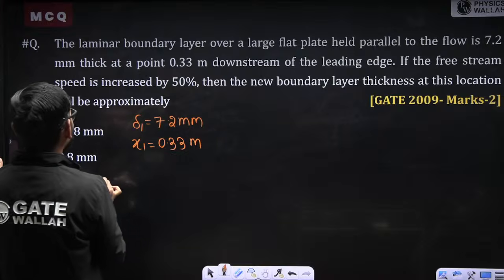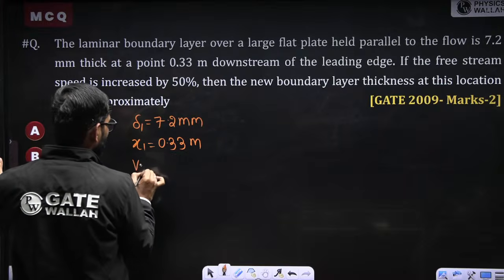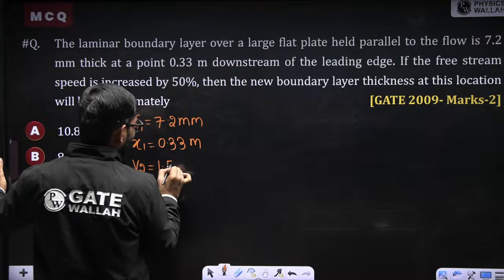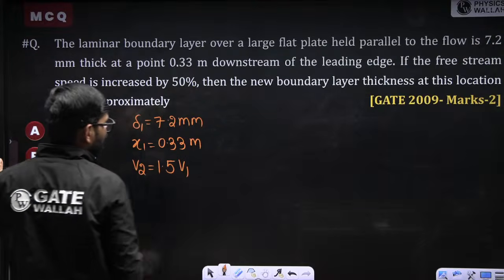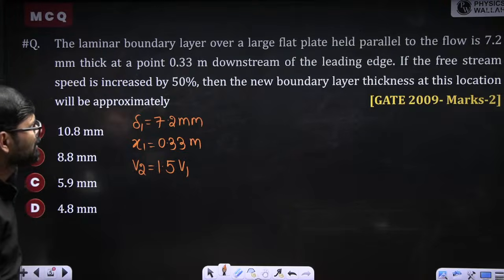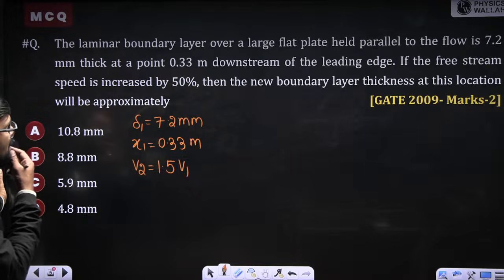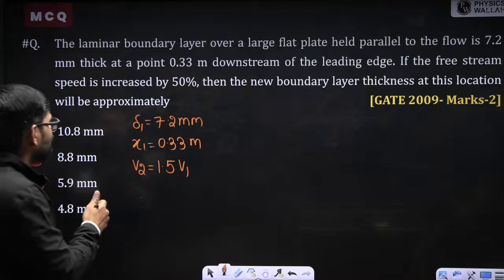If the velocity of the stream is increased by 50%, means V2 is going to be 1.5 times V1, then the new boundary layer thickness at this location will be, okay, location is not changing. It means that x2 value is also the same.